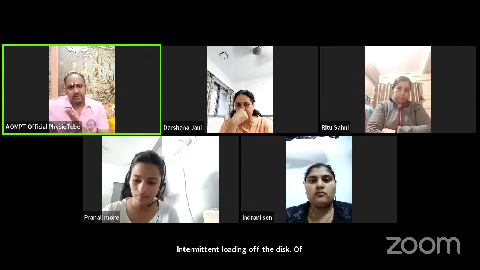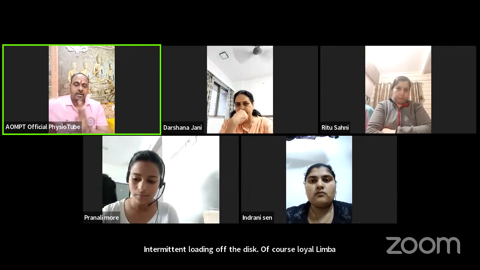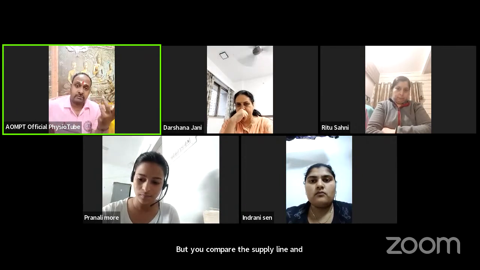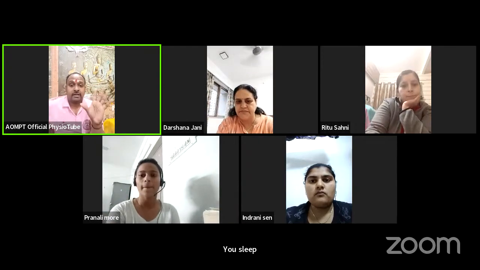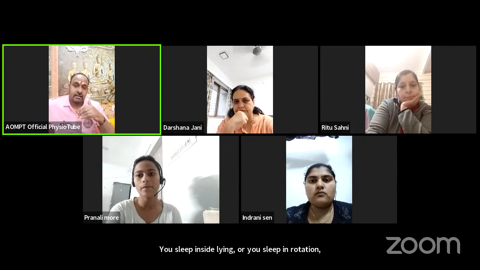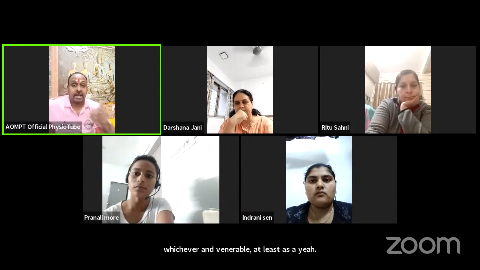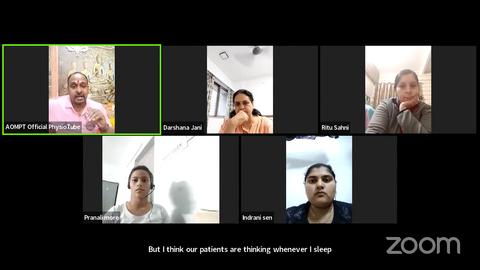Of course, lower limb, all that is also in the picture. But you compare the supine lying, and again, sleeping position also is important. You sleep in side lying or you sleep in rotation, whichever. And whenever, at least as an empathetic or patient-centric thinking, whenever I sleep long, I always get up in a very unusual position.